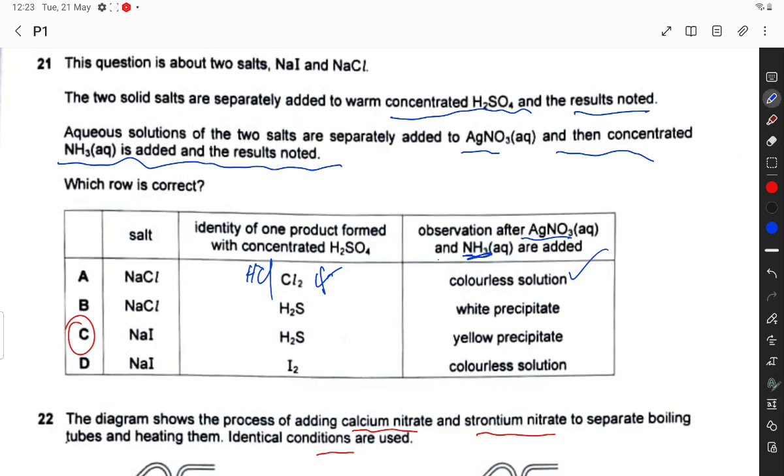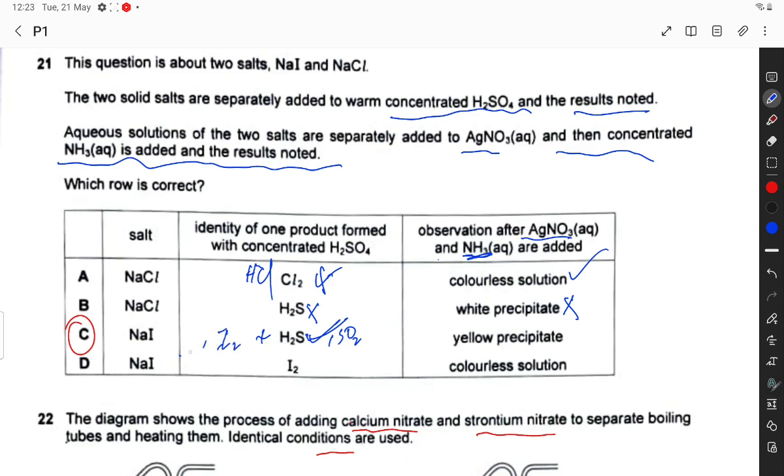Sodium chloride, H2S, no, H2S is not formed in this reaction. White precipitates are formed which dissolve. This is also incorrect. Sodium iodide, H2S is formed. Yes, H2S is formed. Sulfur dioxide is formed with this reaction. I2 is formed in this reaction.